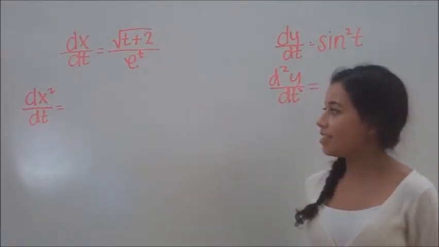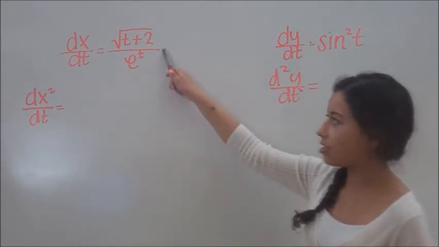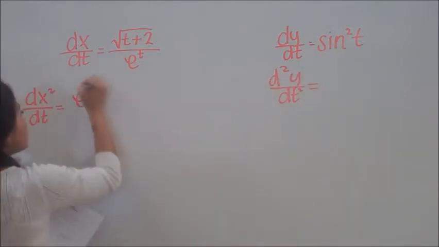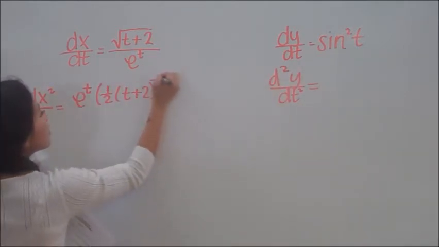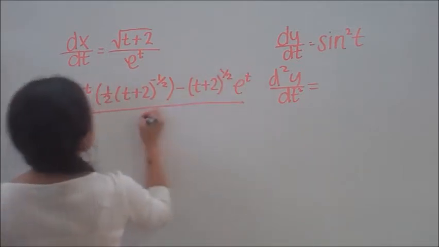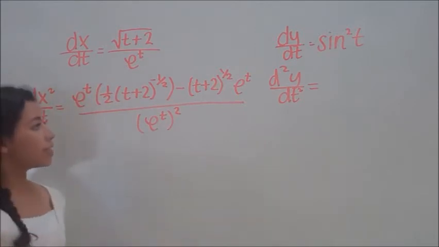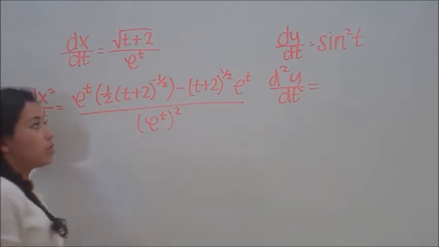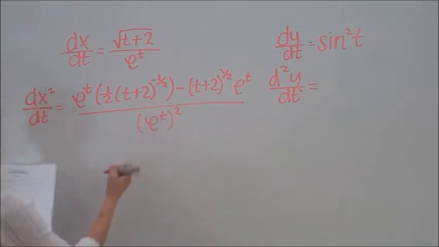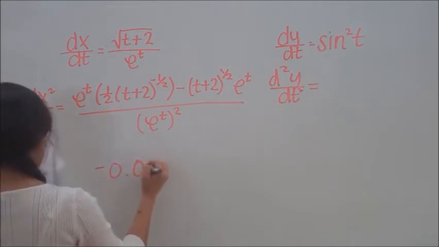To find acceleration, you need to find the second derivative. The first derivative is given already, so you just find the derivative of that to find the second derivative. You're looking for acceleration when t equals 4, so you substitute 4 in for your t, put it in your calculator, and you get negative 0.041.